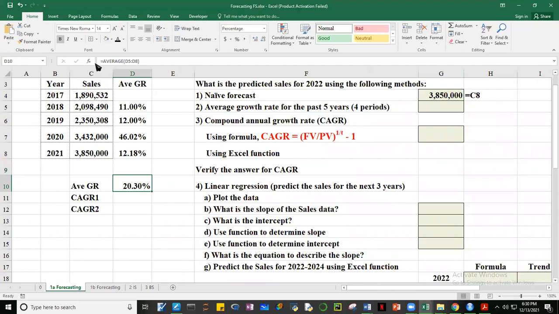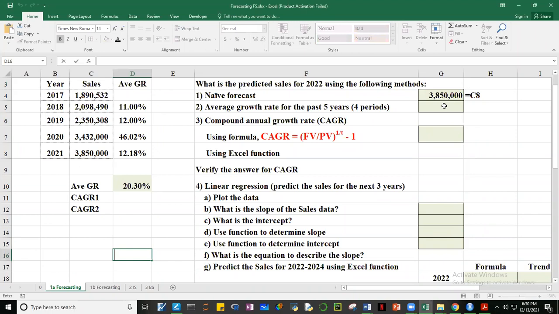We use this to be consistent with this one. So 20.30, that's the average growth rate for the past four periods, or for the past 5 years.